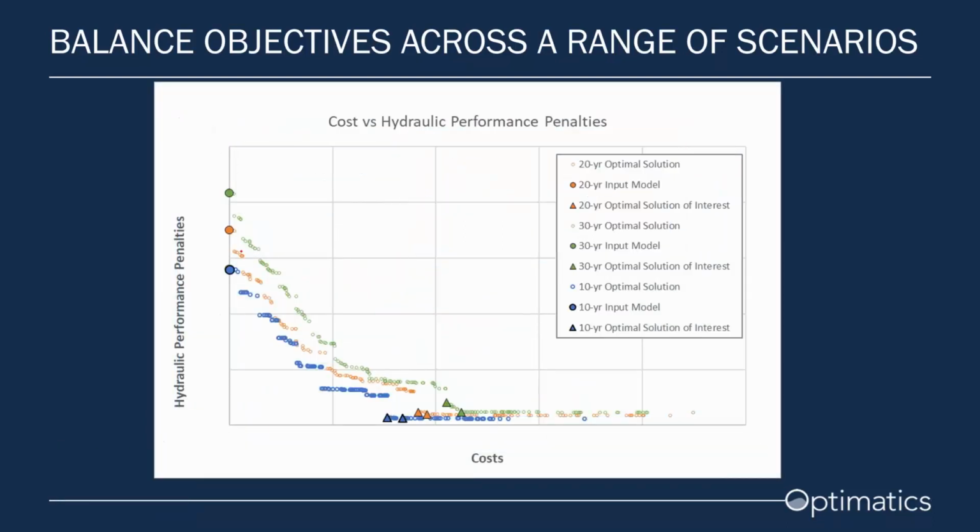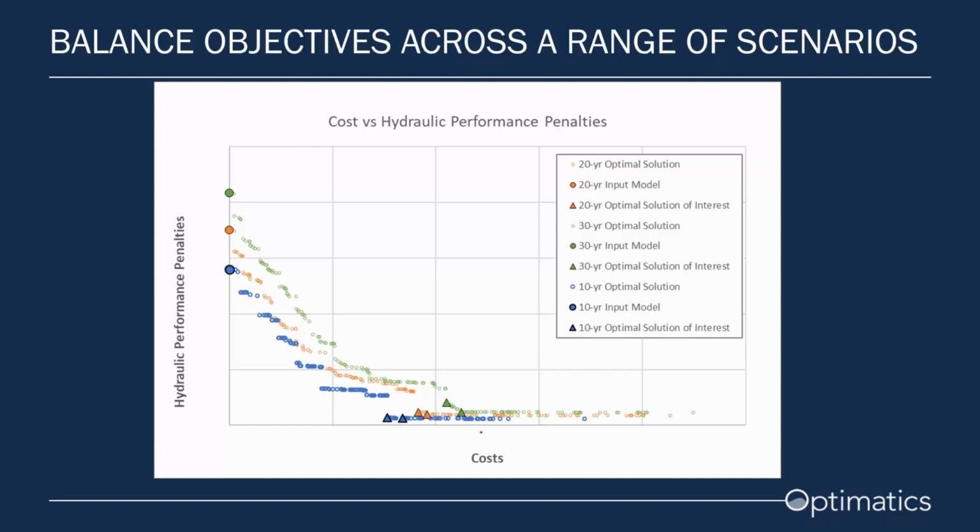Now if we think back to what we have here in our results, if we take the 10-year scenario, we can see that all these blue points up to this point don't solve our flooding, but these ones here, when we zoom in, we actually can see more of a vertical distinction, teasing out some of that performance improvement.